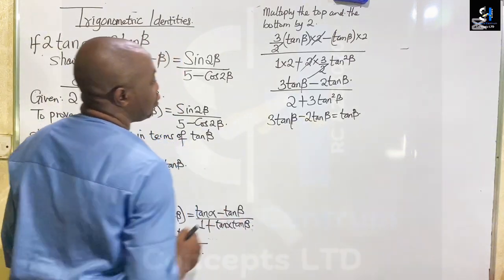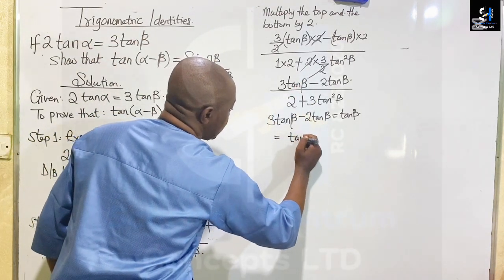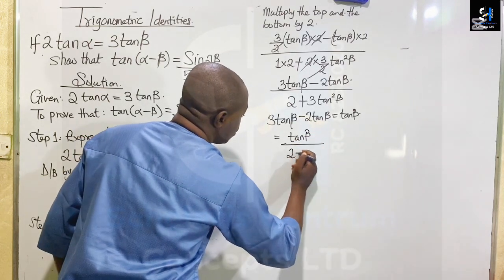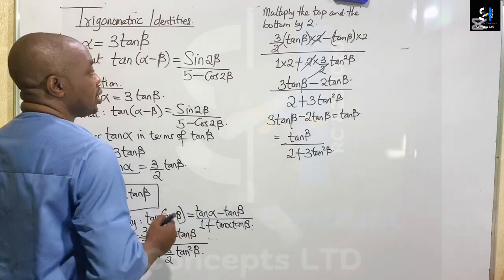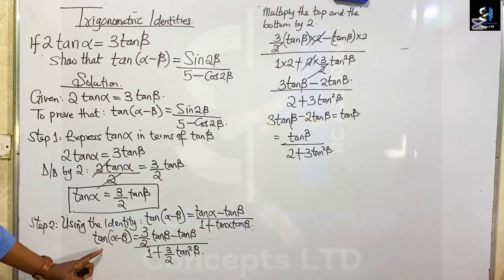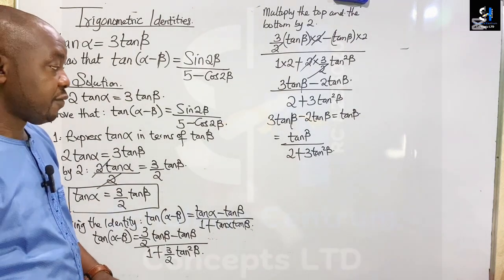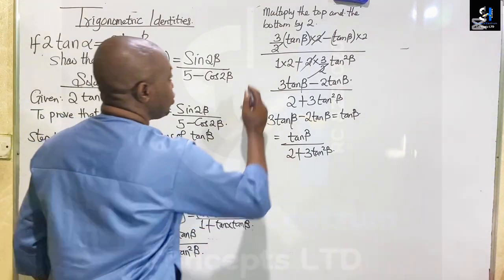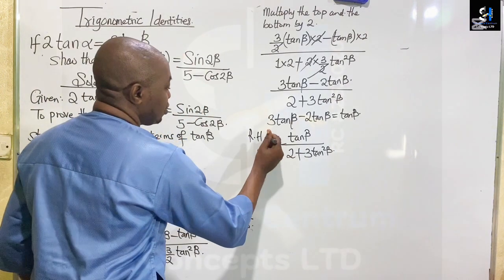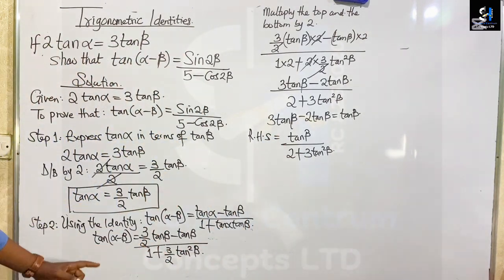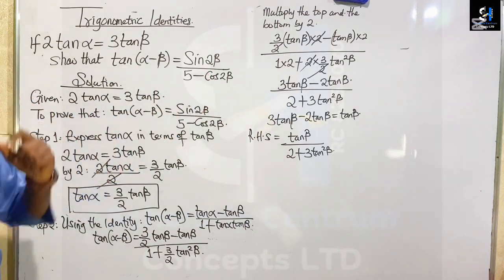So the numerator reduces to tan beta, all over 2 plus 3 tan square beta. Remember, the left hand side is tan of alpha minus beta, the tan of the difference between alpha and beta. We want to use the right hand side to prove that the left hand side equals this identity.